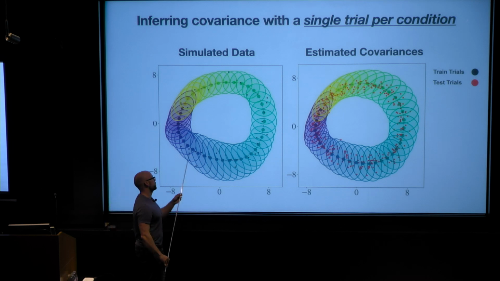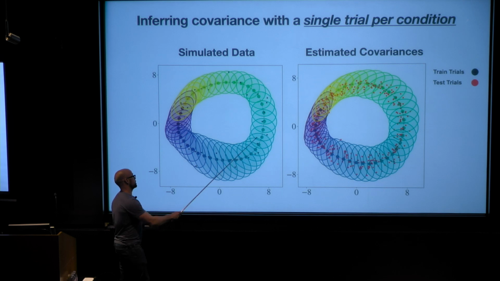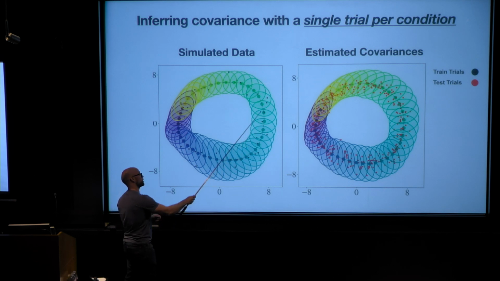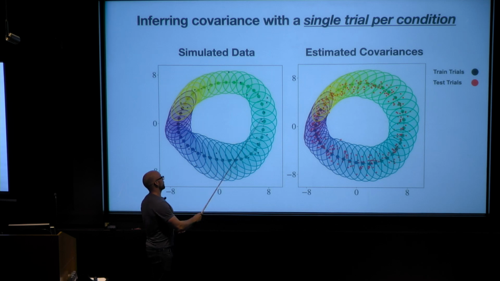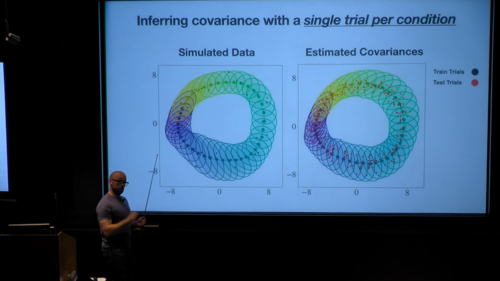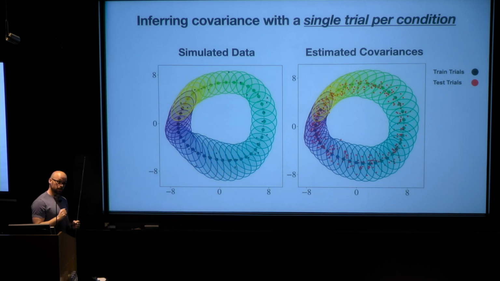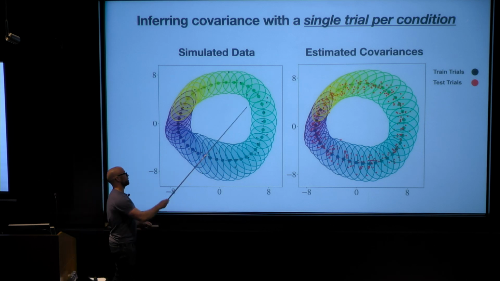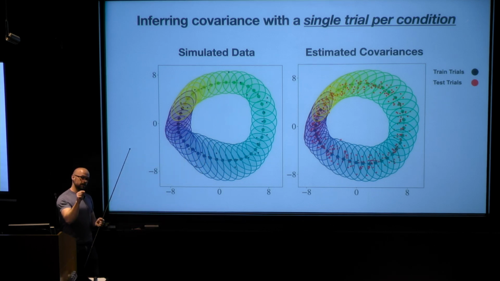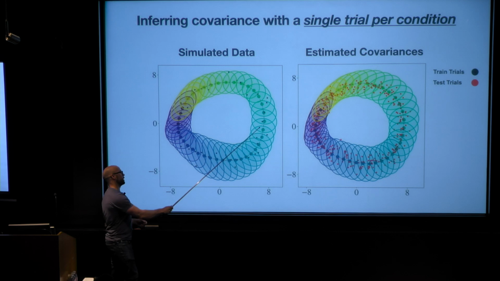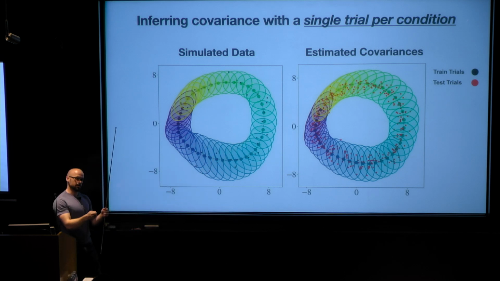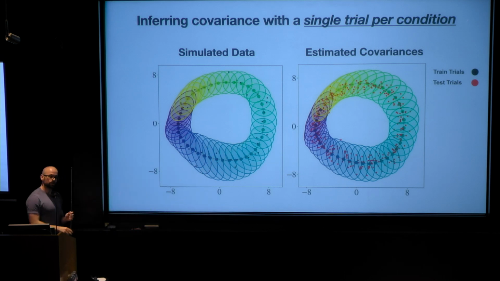The Gaussian process covariance is how these different points covary with each other, but it doesn't tell you how much variance there would be at a single condition from trial to trial. Does that make sense? There's kind of two notions of noise here. I guess noise in my estimate of the ring, and then noise of if I tell you what point on the ring, what condition I'm in, what's the trial by trial variance.